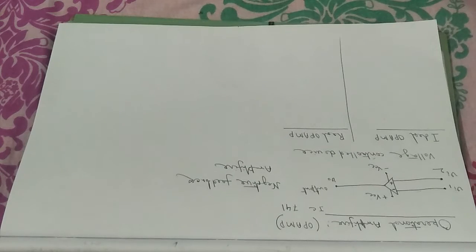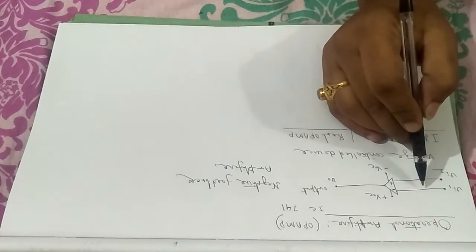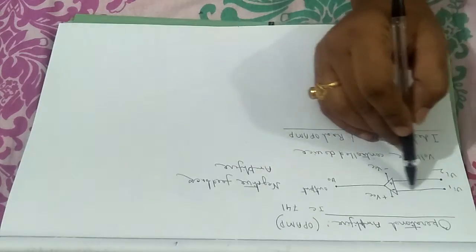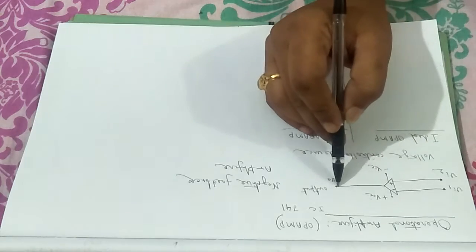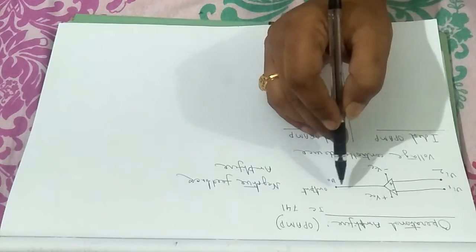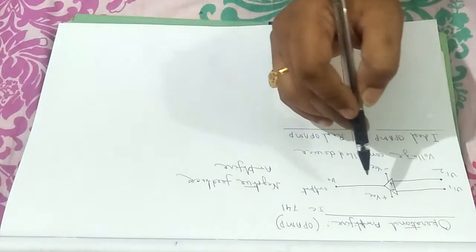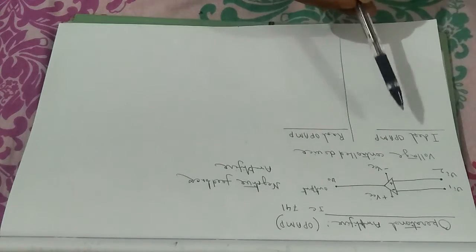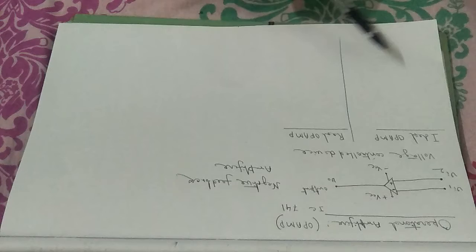These are very simple, and you just have to memorize a few points: what about the open loop voltage gain, the input resistance, the output resistance, the input bias current, and the bandwidth. These points you have to memorize, the values in an ideal op-amp and the values you actually get in a real op-amp.